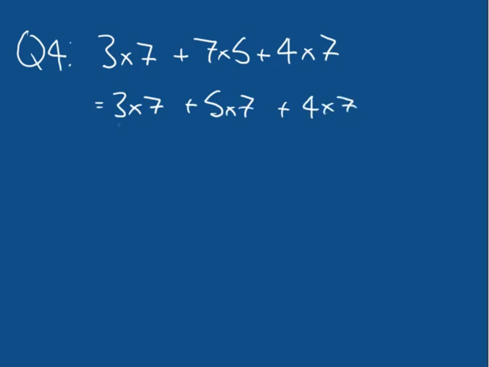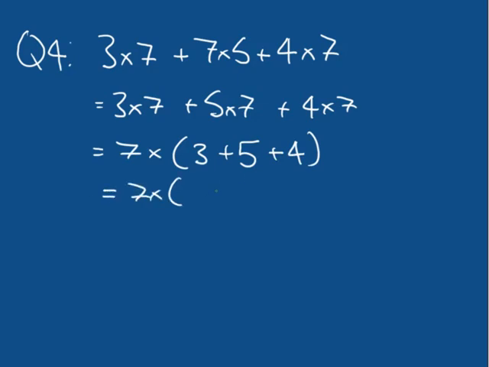Hopefully that makes it a little more obvious that we're multiplying by 7 in each case. In which case we can rewrite this equal to 7 times (3 plus 5 plus 4). So if we were to evaluate this, we get 7 times, 3 plus 5 is 8, plus 4 is 12.